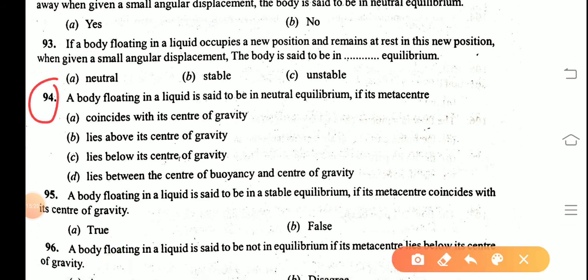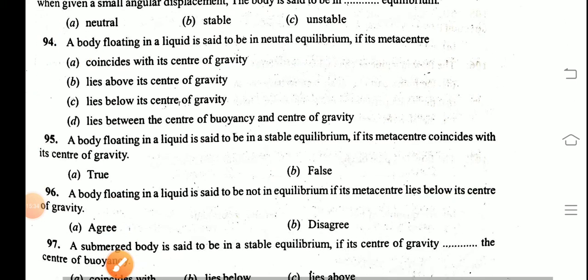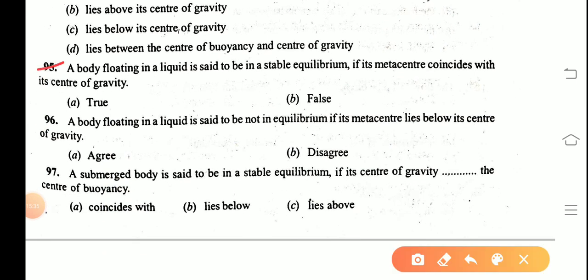Now 94. A body floating in a liquid is said to be in neutral equilibrium if its metacenter coincides with the center of gravity. This will be the correct answer. Okay. Now question number 95. A body floating in a liquid is said to be in stable equilibrium if its metacenter coincides with its center of gravity.